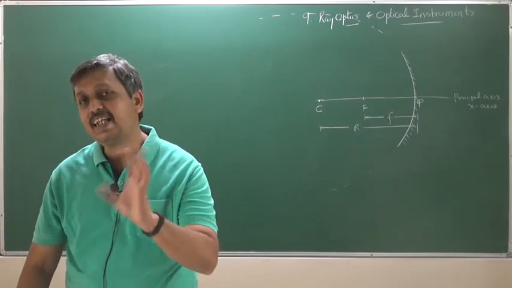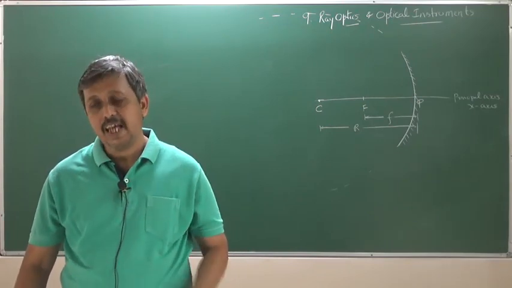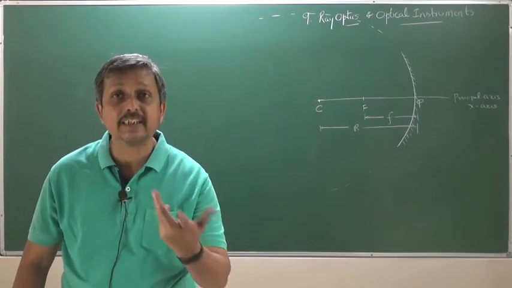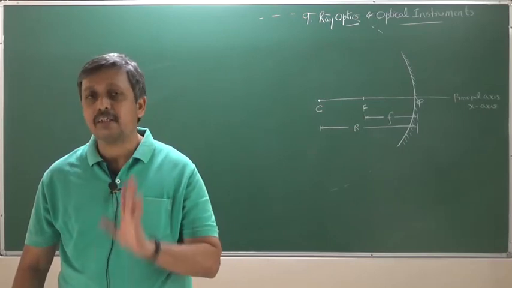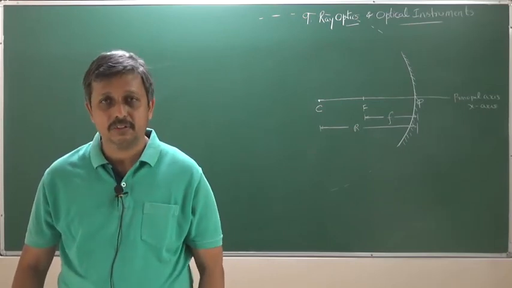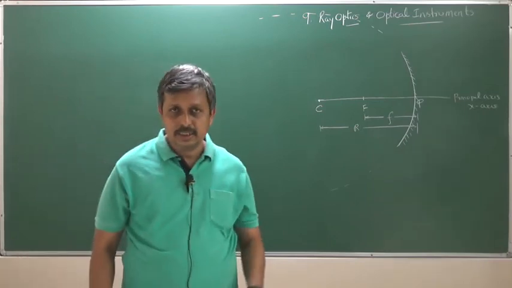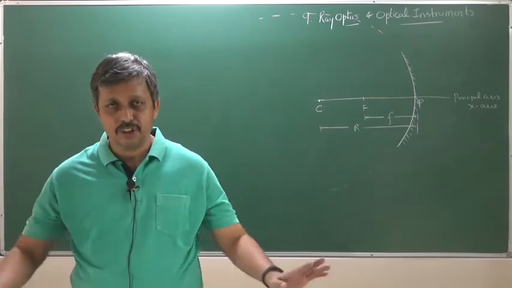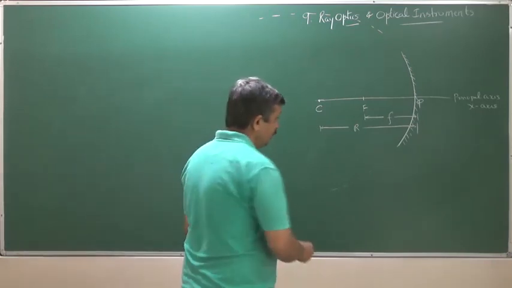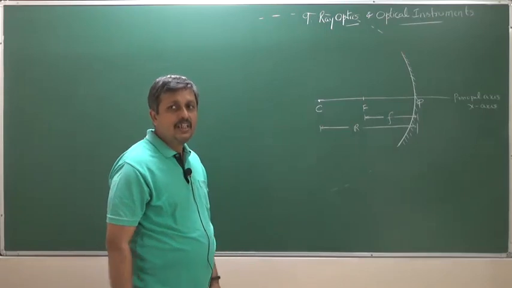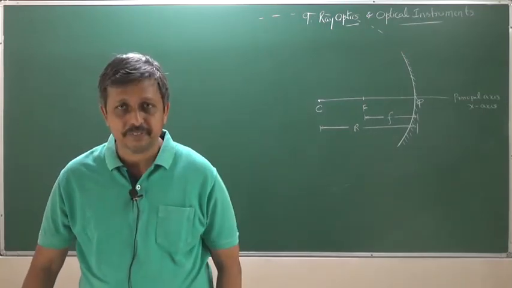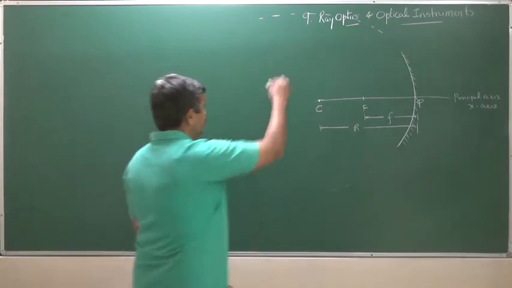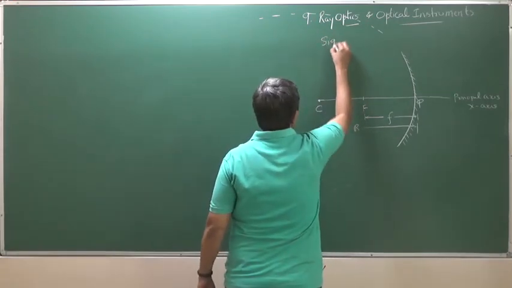So they neglect the sign conventions. Almost everybody neglects sign conventions, and whoever neglects them will definitely get 0 marks on those questions. So please listen to the sign conventions properly. There are only 3 sign conventions. This is very easy to remember. Let us write down the sign conventions.